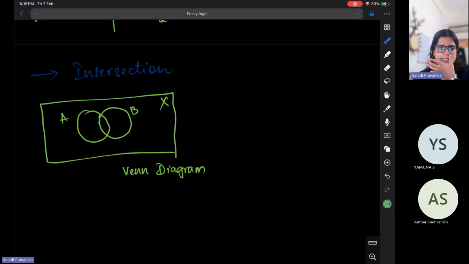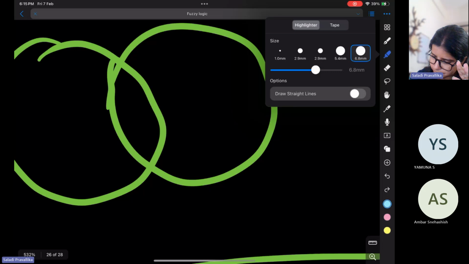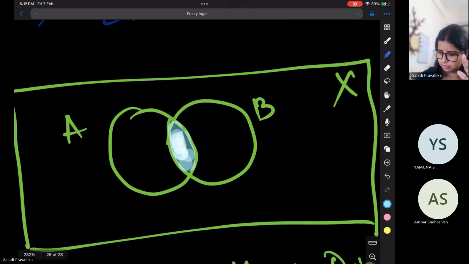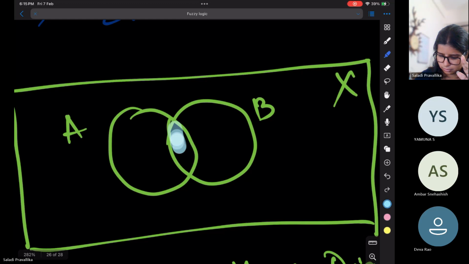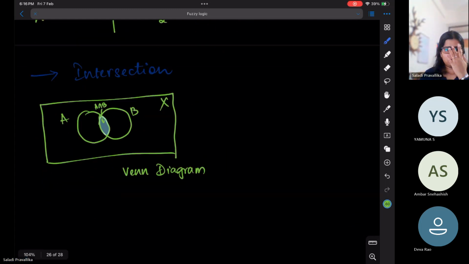When I'm saying intersection, it means whatever similar elements are there in A and in B. So the intersection between A and B is taken, which is essentially going to be this small part here. This is A intersection B.